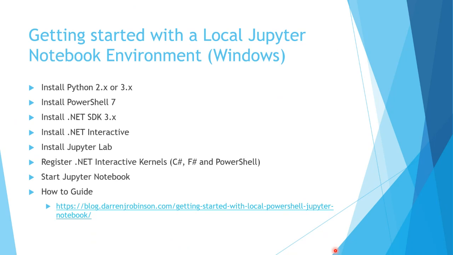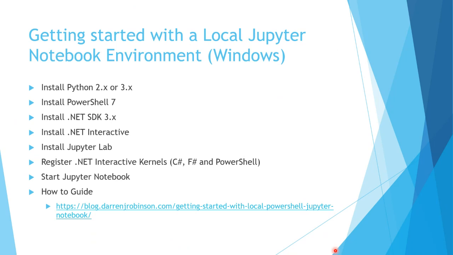Whilst we want to use Jupyter with PowerShell, we have some dependencies on Python because Jupyter primarily, from 2010, has been used with Python environments. So in your local Windows environment, first up, you're going to need to install Python. I've used both Python 2.x as well as 3.x. Both of them work.